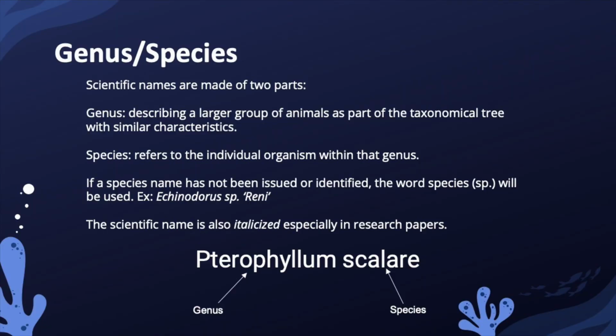For example, I have here Echinodorus species renai. The common name is the renai sword, or renai Amazon sword. We know the genus to be Echinodorus. We don't know what the species is in particular, but we know it's the renai variety. So that's how it would usually be named if you come across that species in literature.